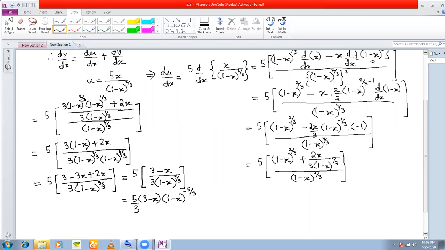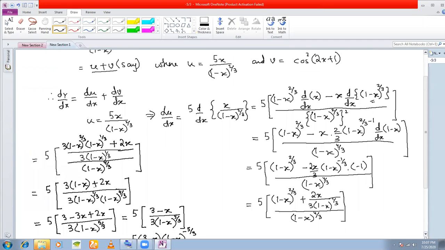Right, this is what I have got for du dx. You understood this step? We will now find v.